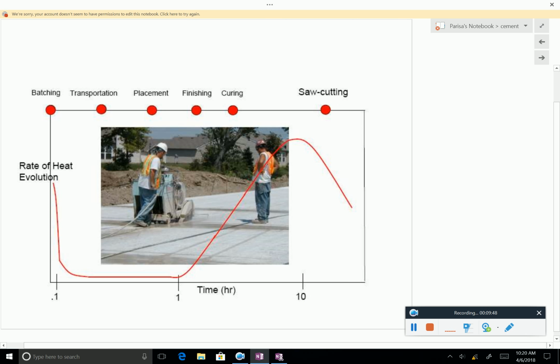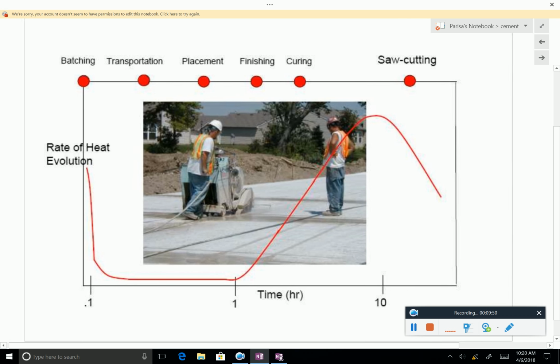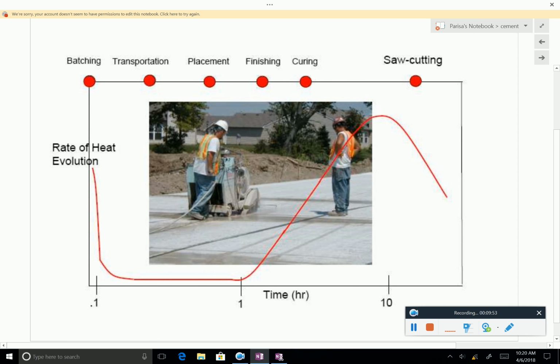And then once everything is done and you are in the deceleration phase, then you can do things like cutting, etc. It's super important that you remember the shape of this curve and you remember how this is related to the construction stages when you are constructing any kind of concrete.